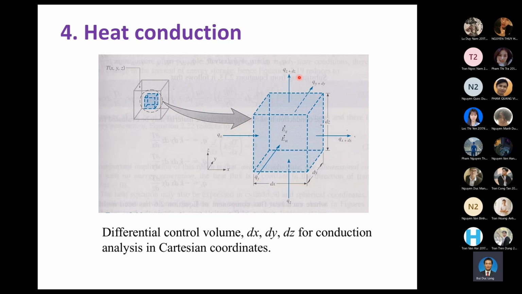Similar for the other directions, y and z. So this is the control volume for x, y, z, for conduction in Cartesian coordinates.